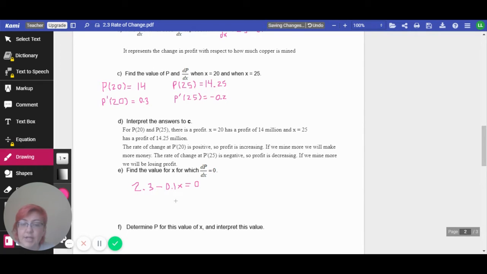All right, I'm going to subtract 2.3 from both sides. So negative 0.1x equals negative 2.3. And then I'm going to divide by negative 0.1, and I find that x equals 23.